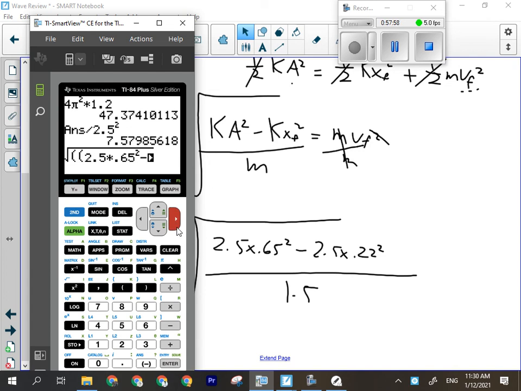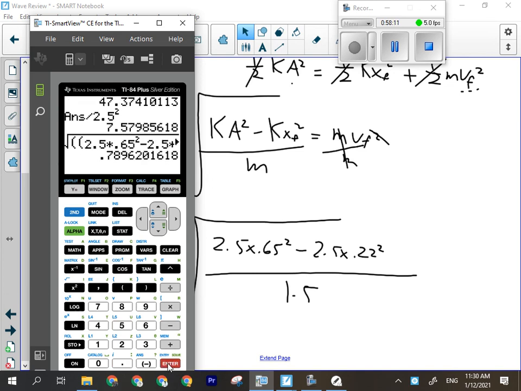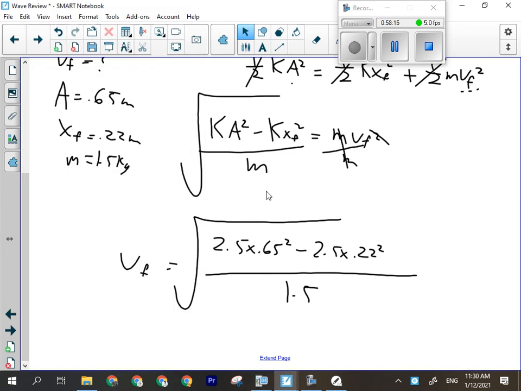Okay, so minus 2.5 times 0.22 squared in the brackets divided by 1.5 in the brackets. All right, so the speed there will be 0.79 meters per second.